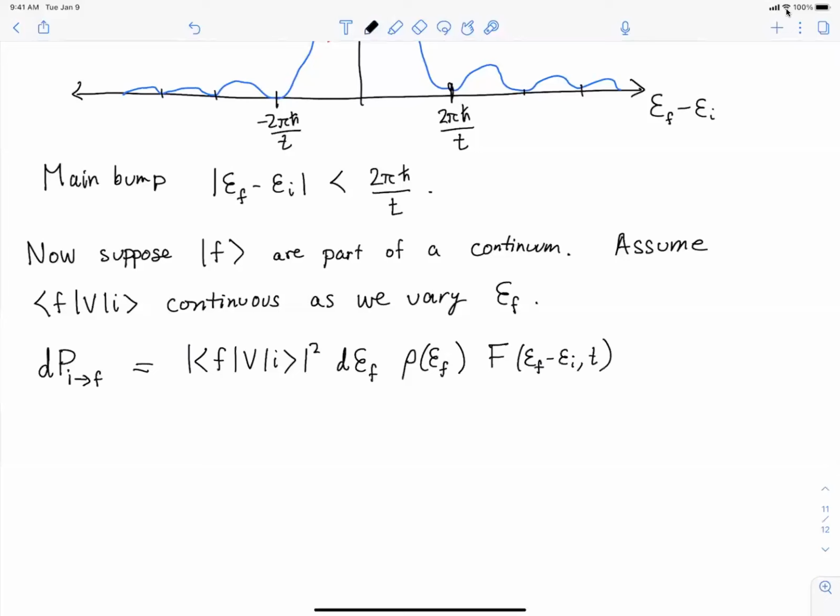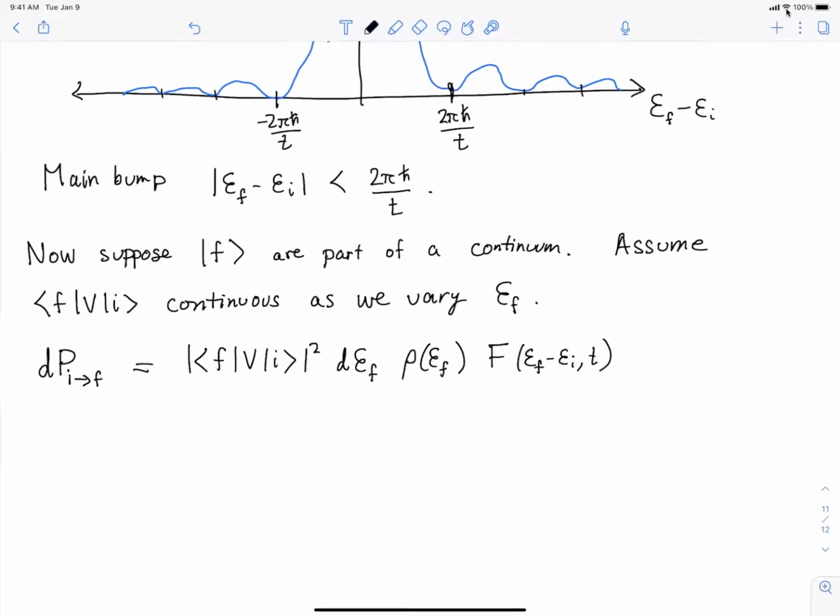And so this is just saying, if I really want the total probability, I should integrate over some range of energies. And then if I integrate the right side over some range of energies here, that will give me the probability to transition to a group of states within that range. But then to do it correctly, I should weight by how many states there are in the final thing.